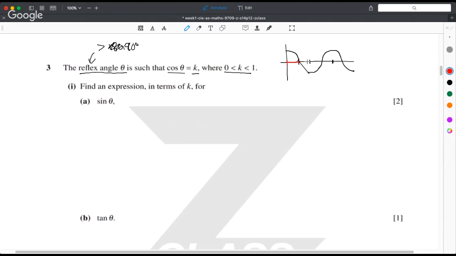So when is cosine of theta next between 0 and 1? Well, it's in this region here. So we know that theta has to be between 270 and whatever that is.